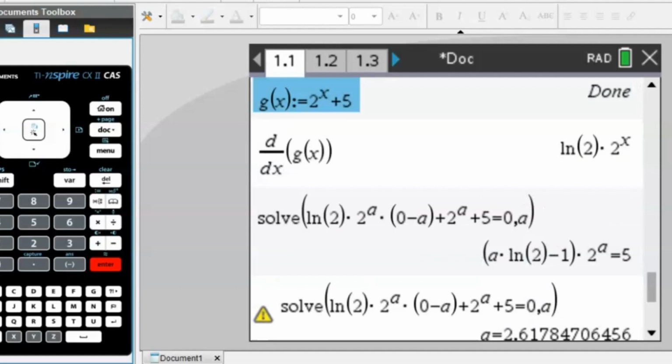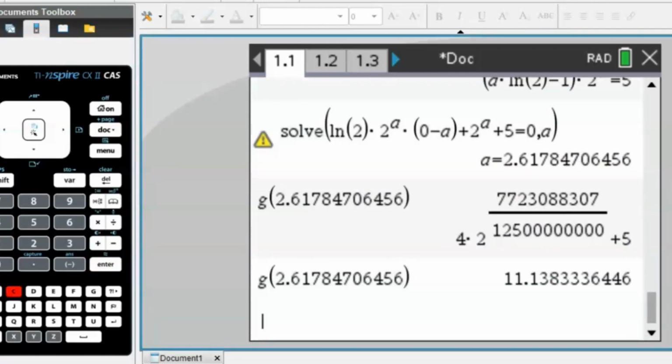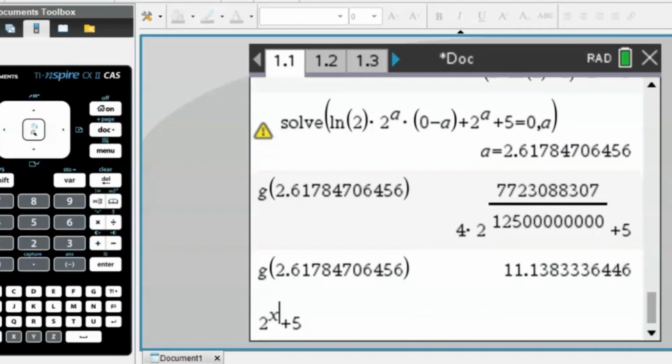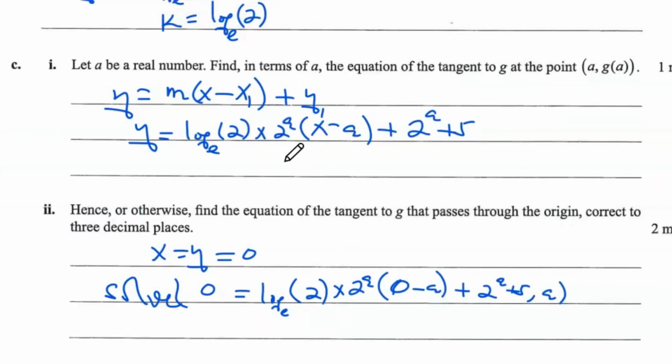Should have cleared the history. Let me get this one here. If I substitute back in that, what do I get? Alright, well, that's going to be the a value.